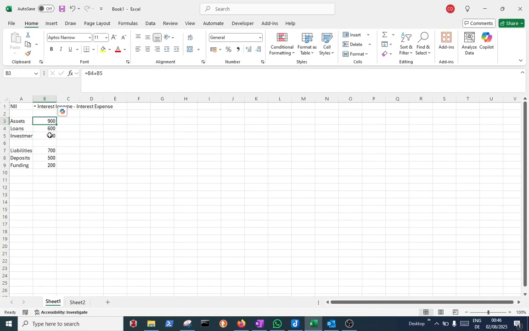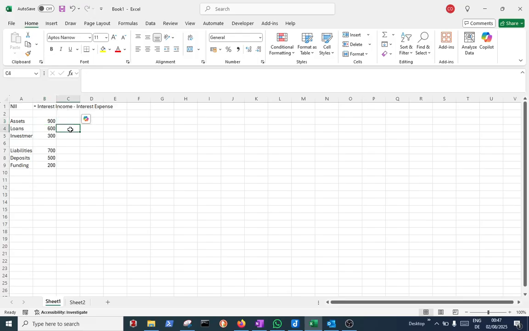In terms of loans, let's imagine that we have fixed and floating rate loans.